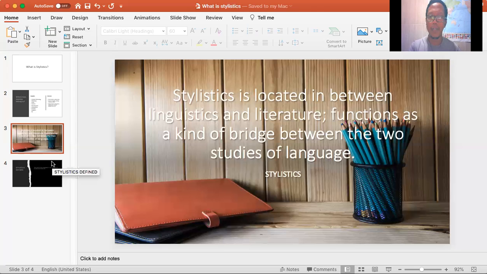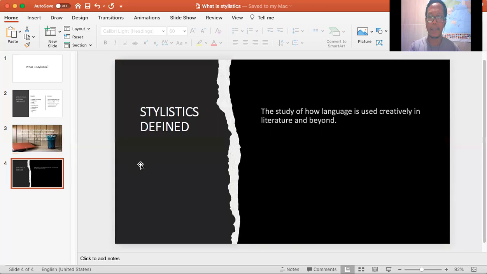So here is the focus of stylistics. Stylistics is the study of language, of a linguistic aspect of language actually, and how this linguistic aspect is used creatively in literature and beyond.